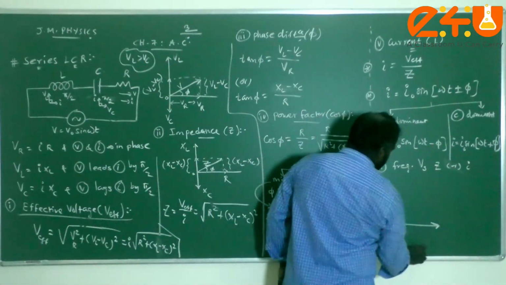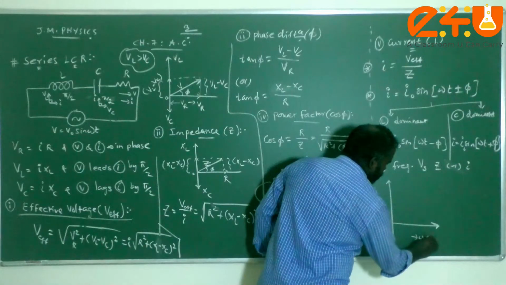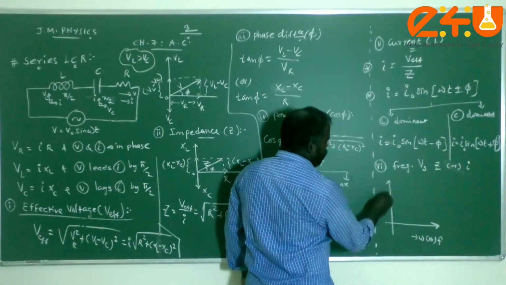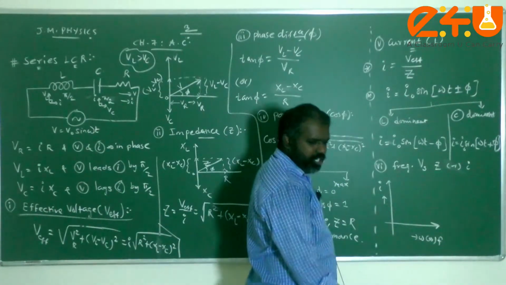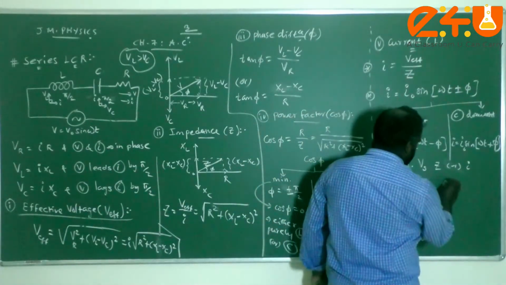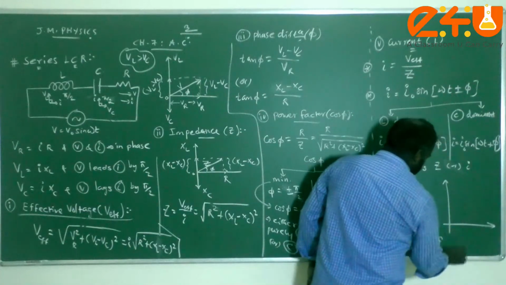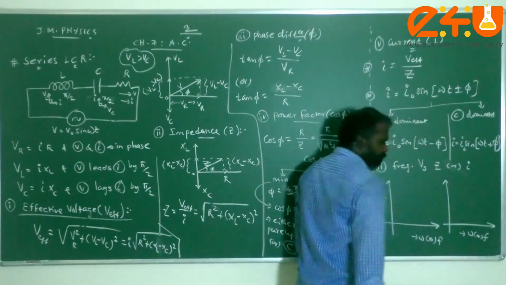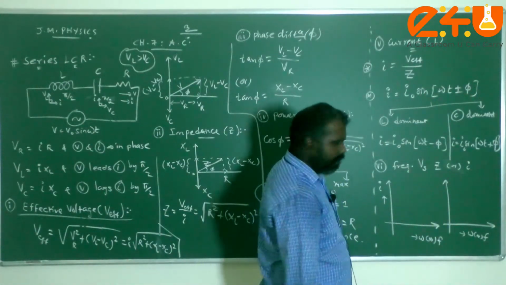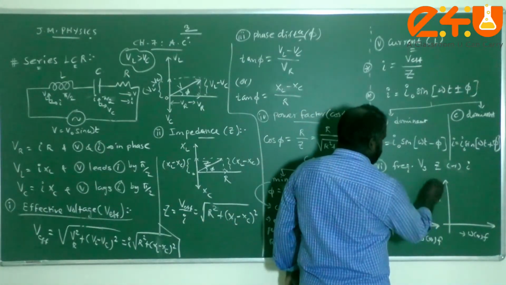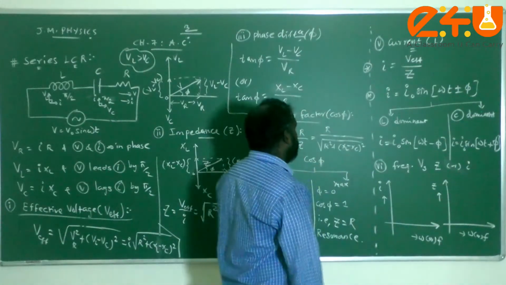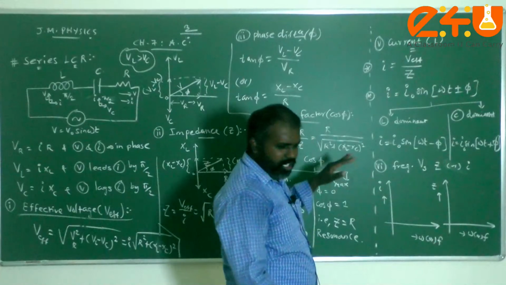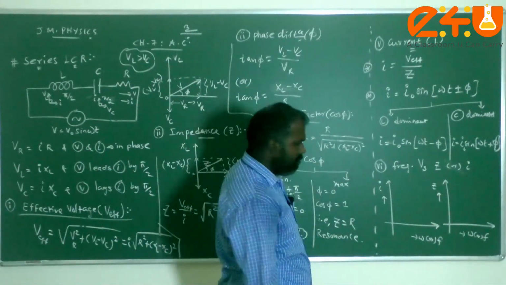So this is the angular frequency or frequency, and this is taken to be what, children? The current in the LCR circuit. Similarly, here also we can consider omega or frequency f, and I can take this to be Z. From this relation, we see that I and Z are inversely proportional: when I increases, Z will decrease and vice versa.